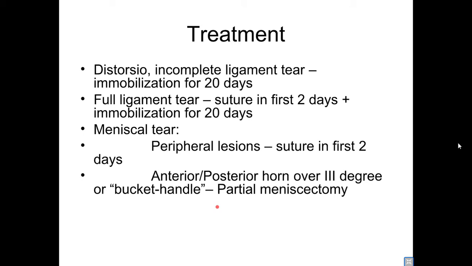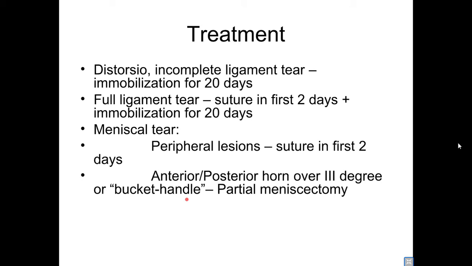But the most urgent problem for this patient was locked joint because of bucket handle lesion of his medial meniscus. That's why we operated on him without talking about the ACL reconstruction. We excised the bucket handle, we unlocked the knee, and now he feels better.